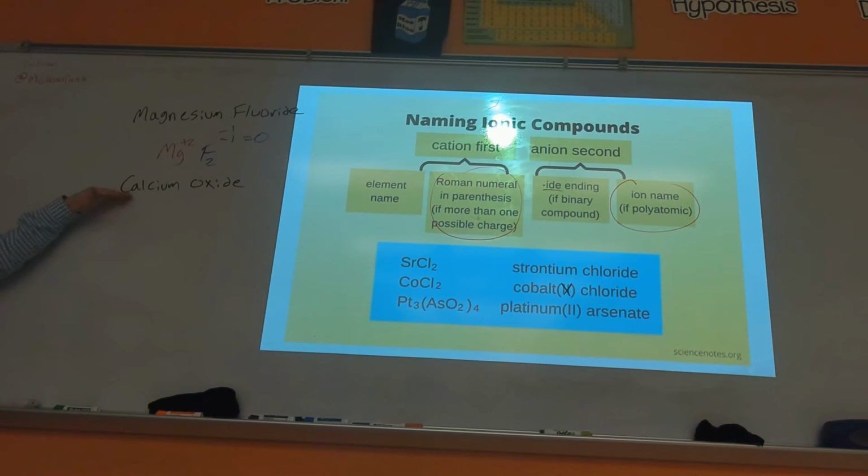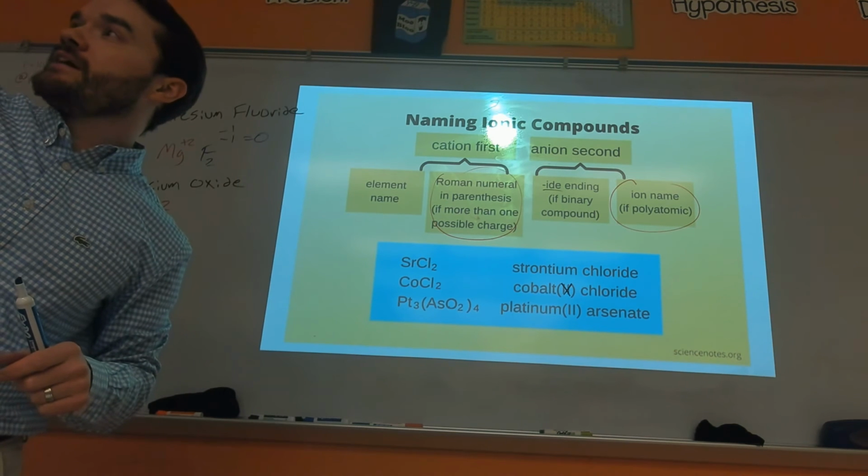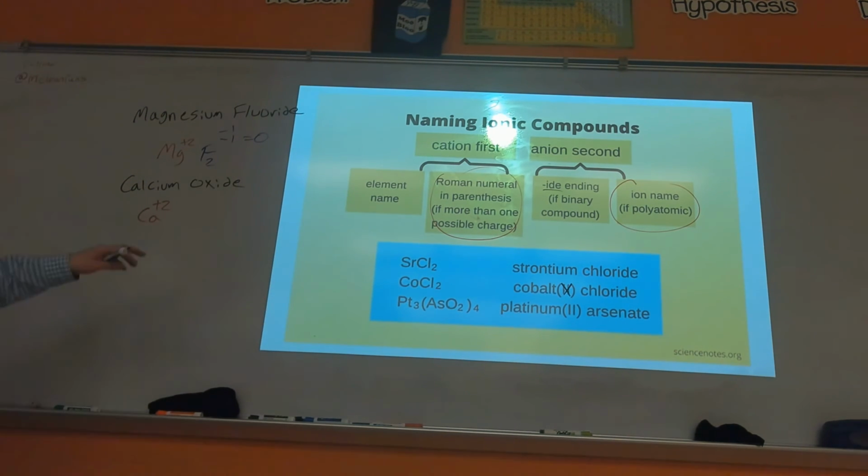So first ask yourself, calcium, what's the symbol for calcium? Ca, right? Okay. What kind of ion does calcium form? +2. You know it's a +2 because it's in group 2. Everything in group 2 gives you a +2 charge.